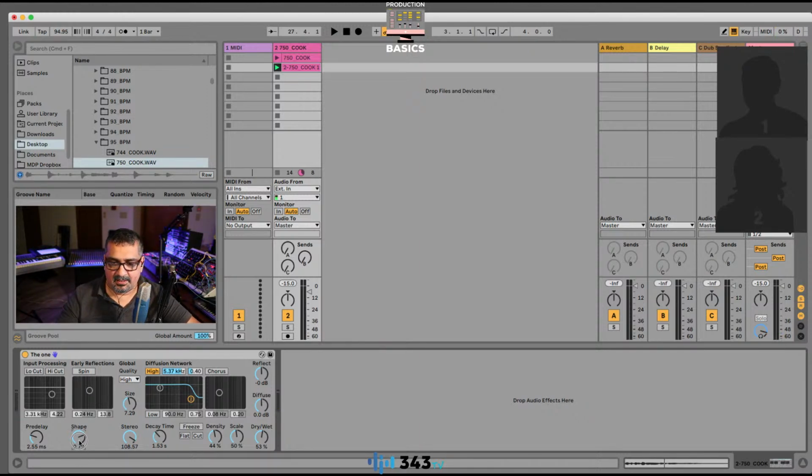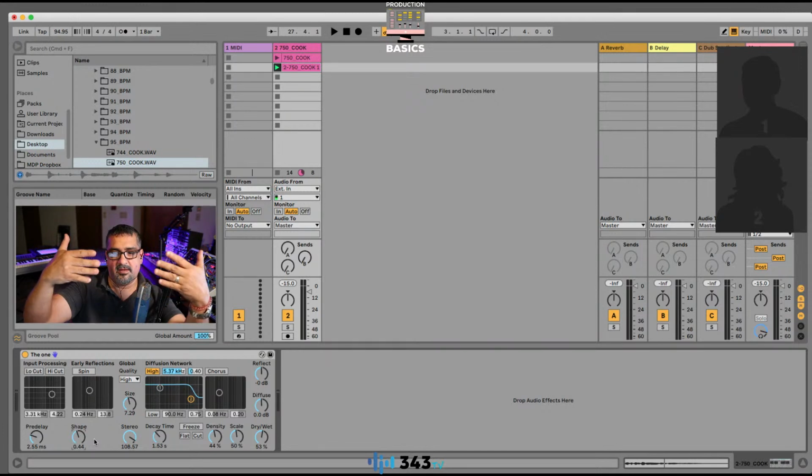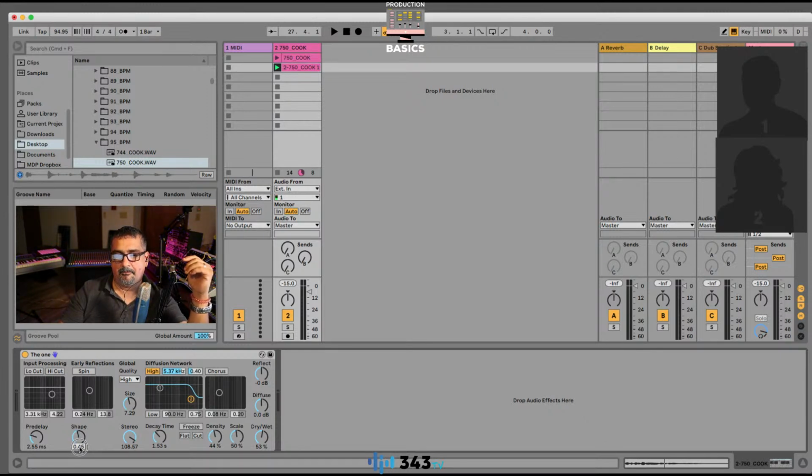Now, Ableton adds something like shape here. So this shape in Ableton is like the curve where it would blend between the pre-delay and not the pre-delay. Well, the pre-delay is part of the early reflection and the late reflection, so it's kind of the shape of the curve, that blend. And then it adds this spin thingy. Interesting.